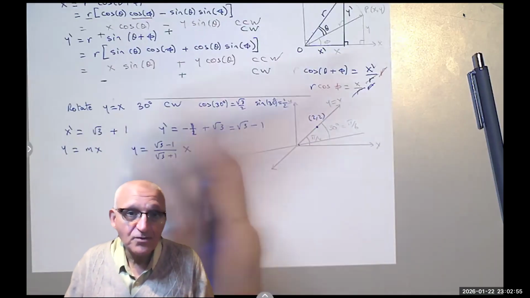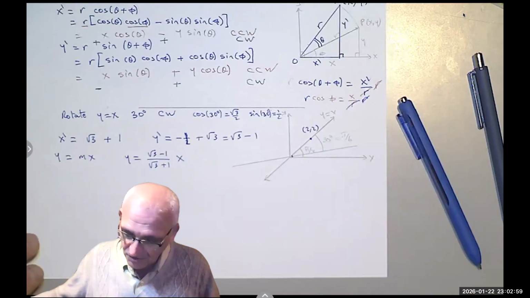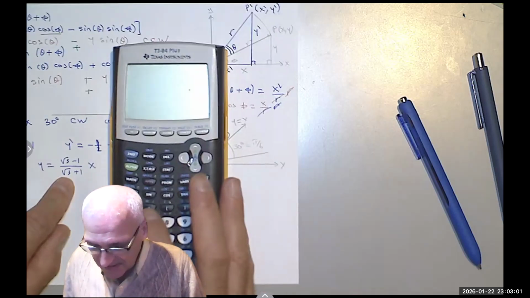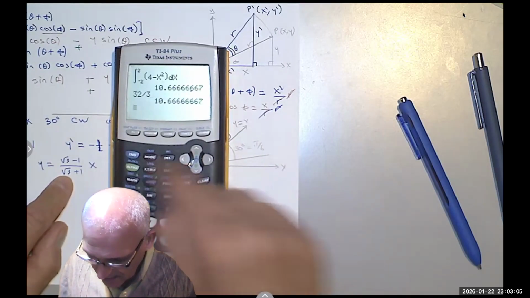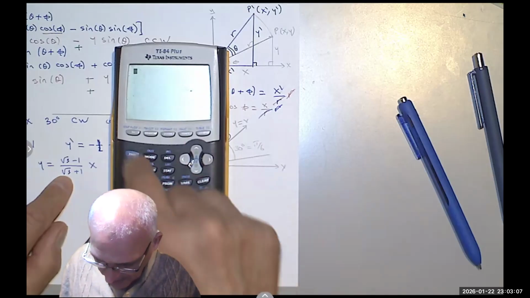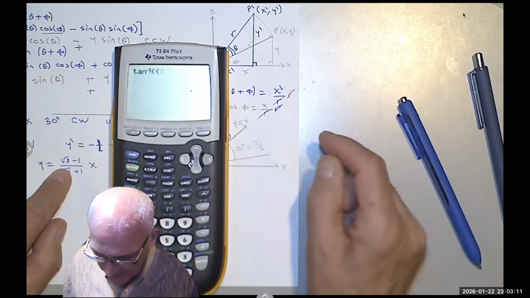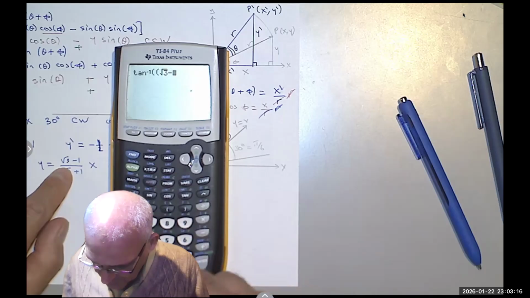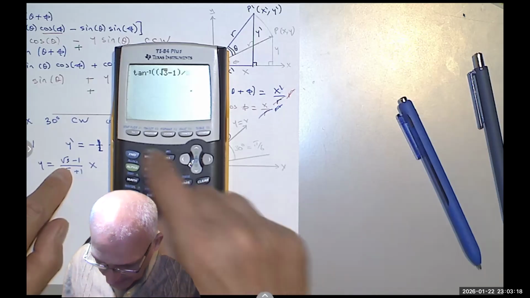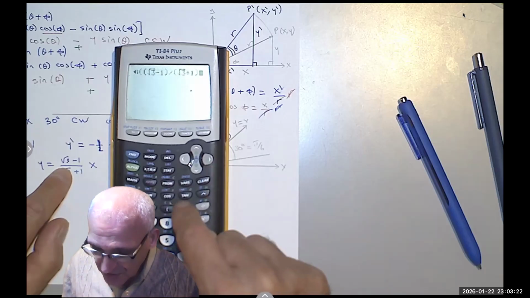See how simple we can create the new line. So let's see the slope angle of this line. What is that? Okay, second inverse tan, let me open another parentheses, because here I'm going to say square root of 3 minus 1 divided by square root of 3 plus 1, close.